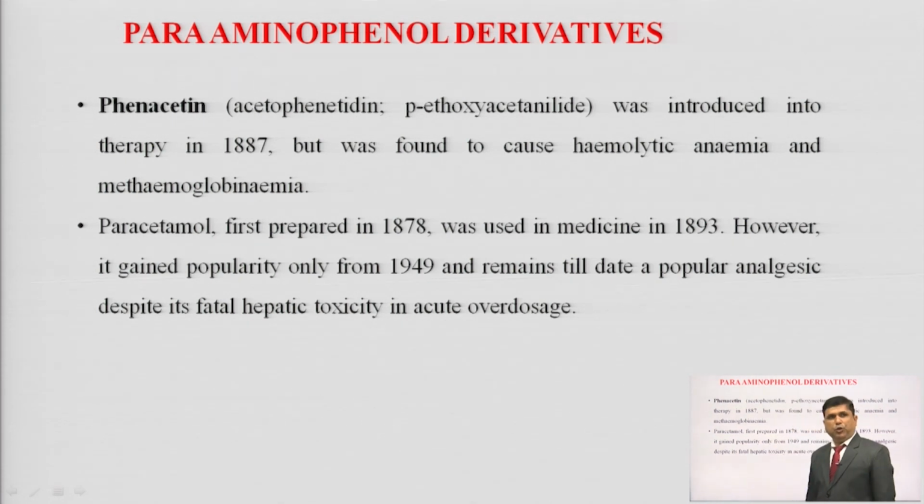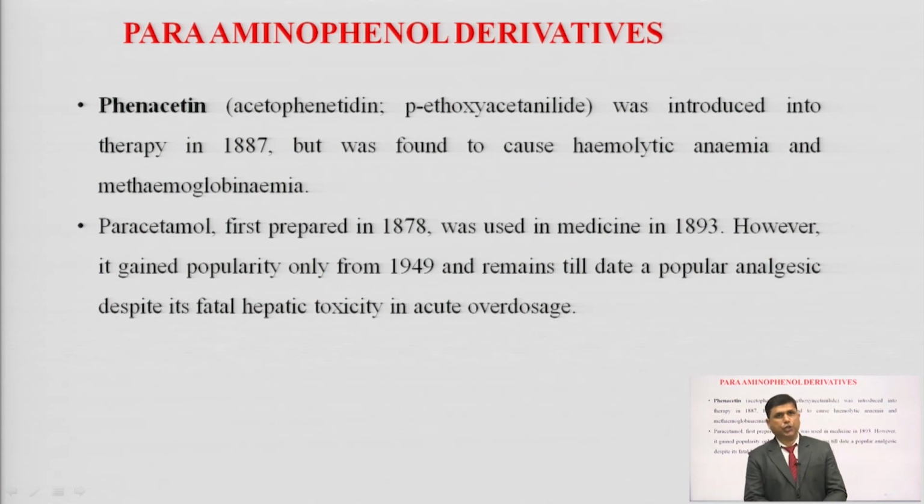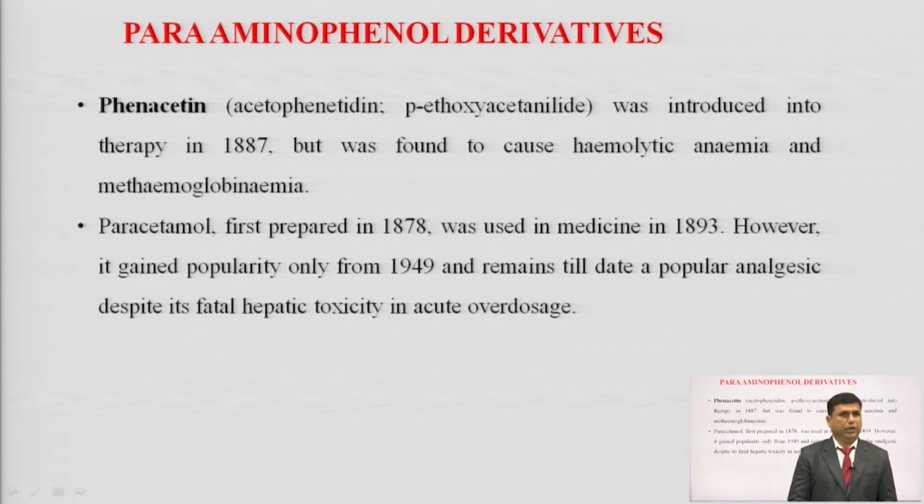Now, the para-aminophenol derivatives. The well known example is phenacetin, which was introduced into therapy in 1887, but due to its hemolytic action it causes hemolytic anemia and methemoglobinemia.